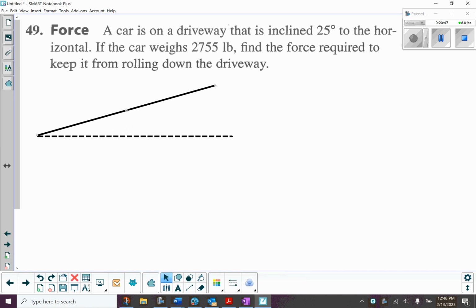Actually, 25 degrees is kind of steep. If the car weighs 2,775 pounds, again, that's a reasonable number. Find the force required to keep it from rolling down the driveway.